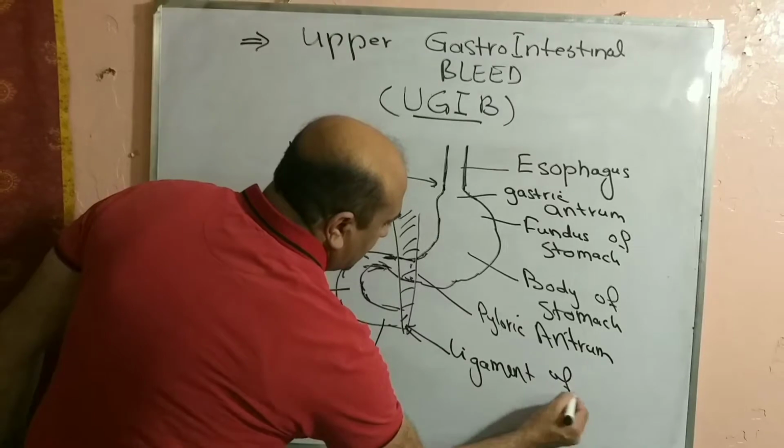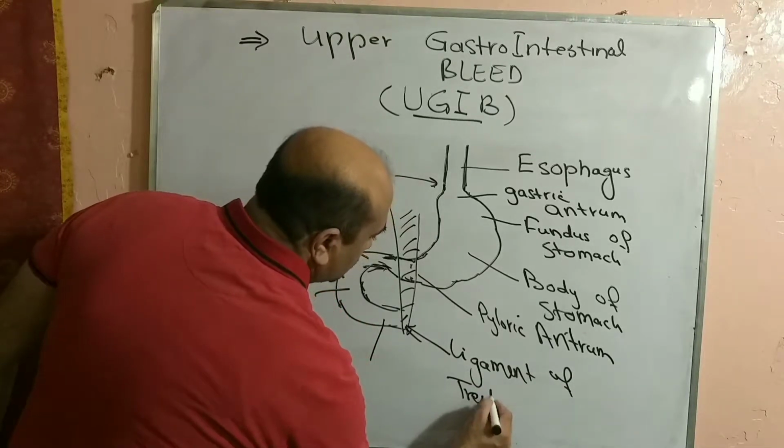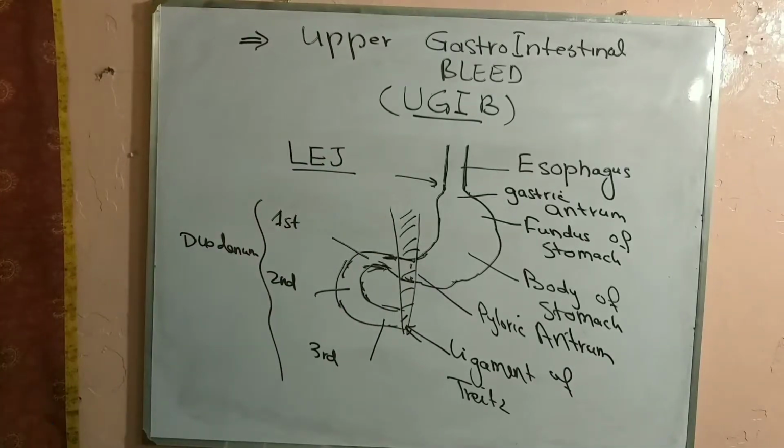Now, looking at the anatomy of the upper part of the gastrointestinal system, this is the esophagus, this is the start of the stomach. Here you see the lower esophageal sphincter, which we can also call the gastroesophageal junction. Then these are the parts of the stomach.